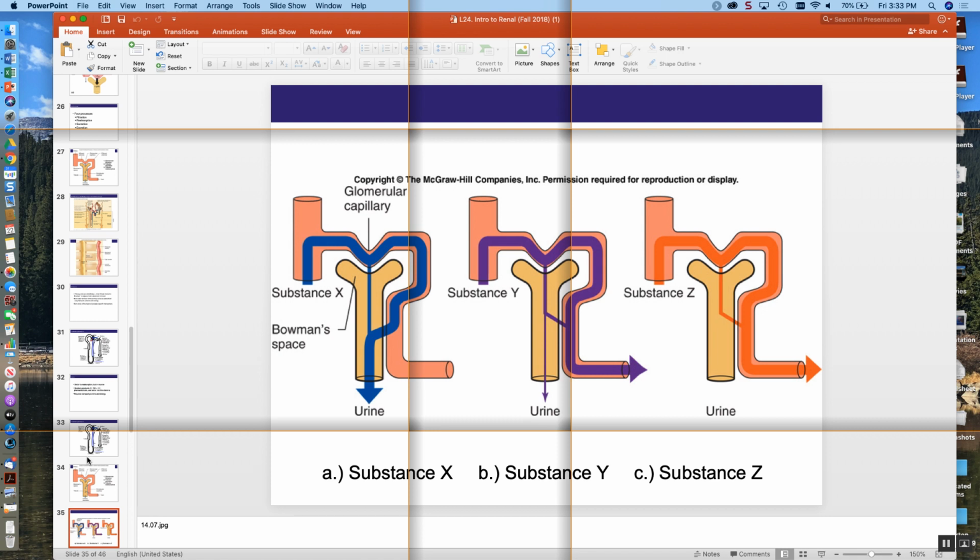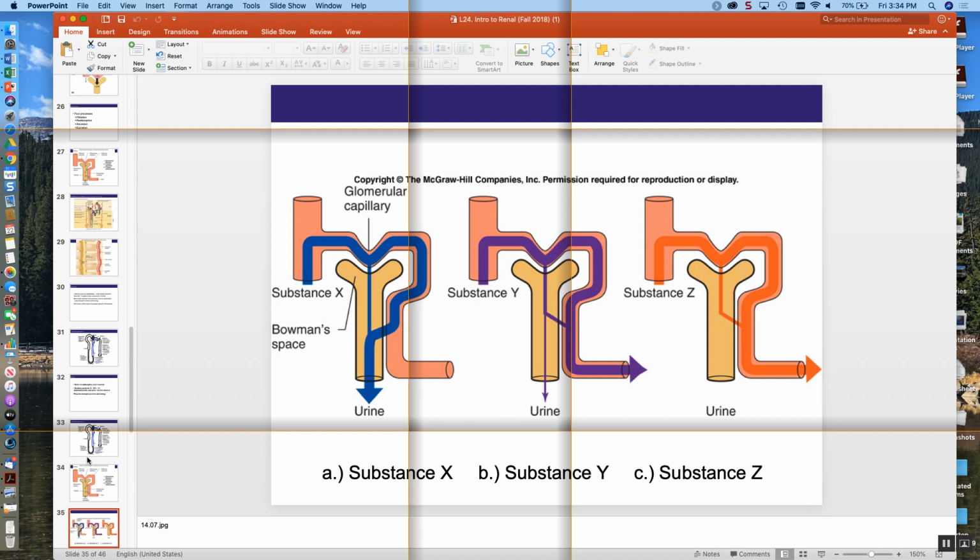All right. So, which one of these is filtered at the glomerulus, strongly secreted, and excreted? Is it X, Y, or Z? X, right? Now I'm going to put some things together for you. This is PAH. Remember PAH?